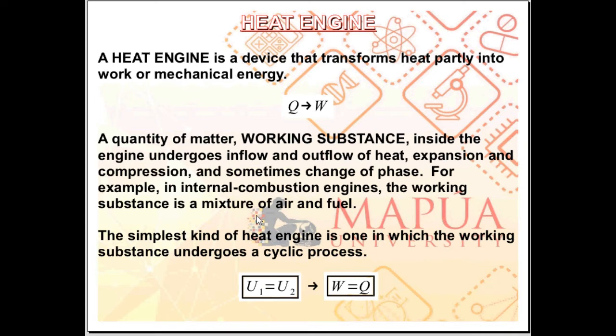So the initial state and the final state are the same in a cyclic process, which means the internal energy in the initial state is just the same as the internal energy in the final state. The change in the internal energy is zero, which means the work done by the system is just equal to the heat added. W is equal to Q.